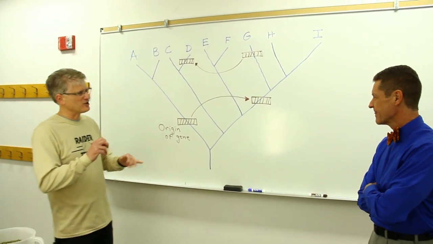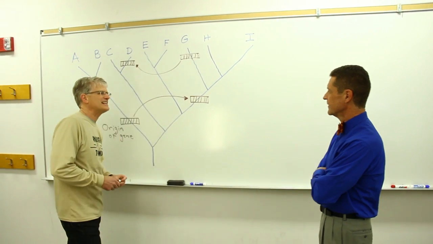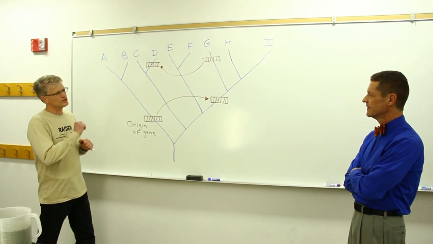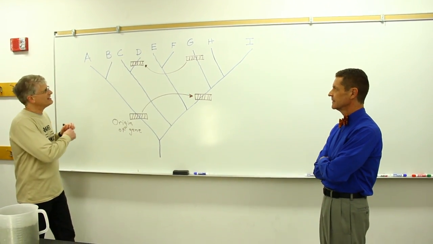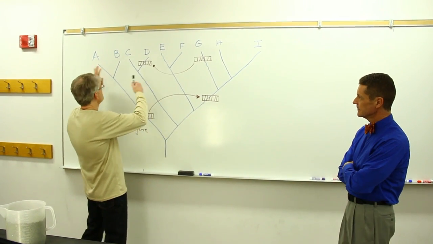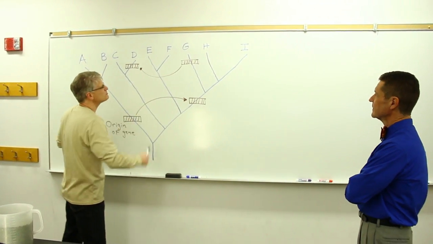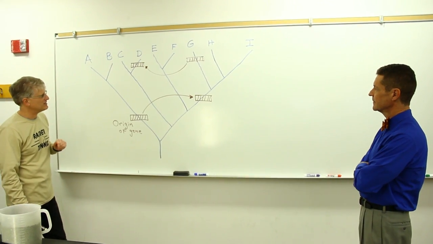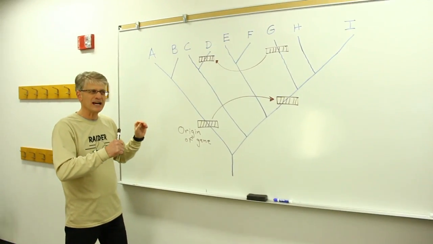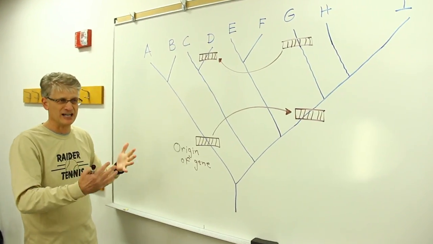You gave the class a problem on phylogenies. It had to do with horizontal gene transfer. You had this phylogeny up here, hypothetical species A through I, and then you were talking about horizontal gene transfer and how it might influence a phylogeny.